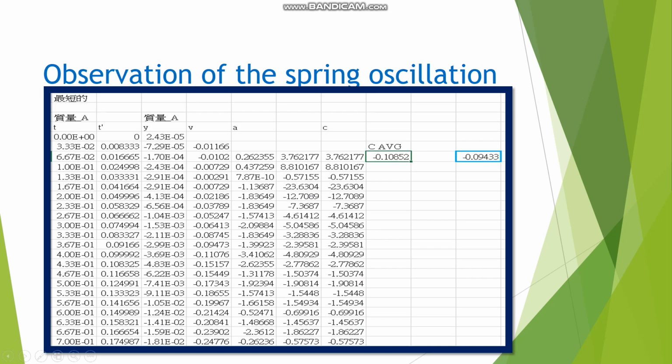And this is the data I analyzed. You can see this is the average coefficient of damping. I average on every point I analyzed. In the red column, I deleted some data that was not that good, and the blue column is the average of all of the data.